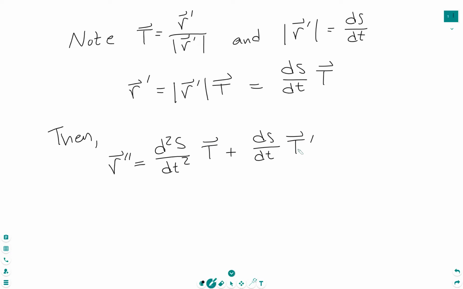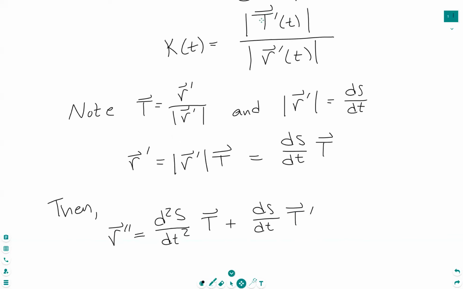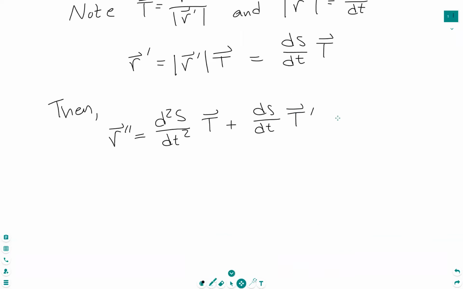Okay, so here's our T prime. So this might be some way to solve for this T prime and place it into our definition up here in this numerator for curvature.